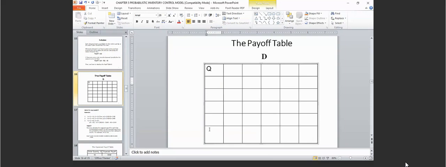Okay, for the payoff table, we need to build this table to analyze the expected profit. So the first step is to have the input of demand and quantity order from supplier.